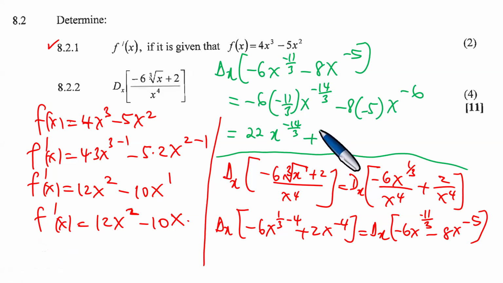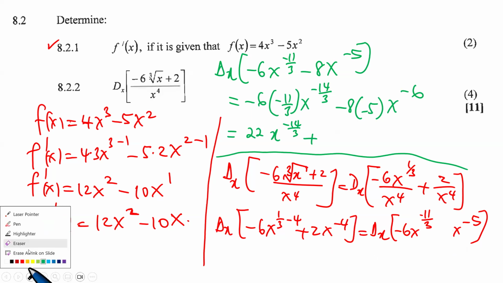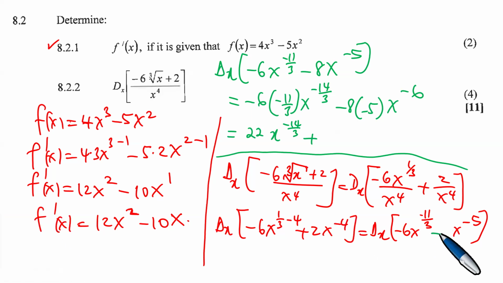Let's see now what we have. Okay, check this one. It's a small typo here. This one is going to be plus 2. Right, so we then continue.